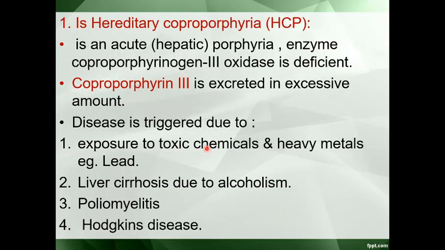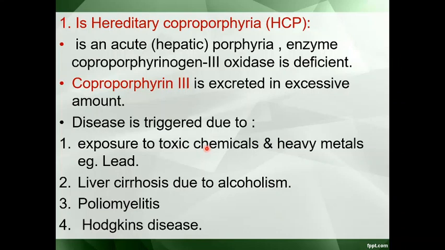So whatever we did in the mixed porphyria also, we have revised and placed here, because porphyria can be classified in many ways. Some people classify porphyria only into acute and chronic type. Some classify porphyria as acute, chronic and mixed type, and I have classified porphyria into acute, chronic, mixed and acquired.